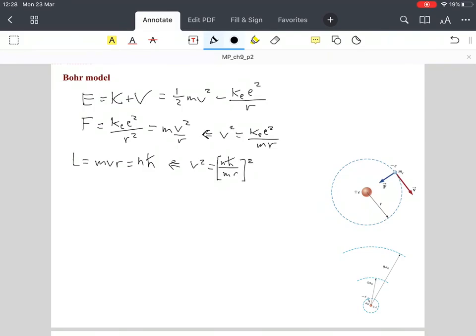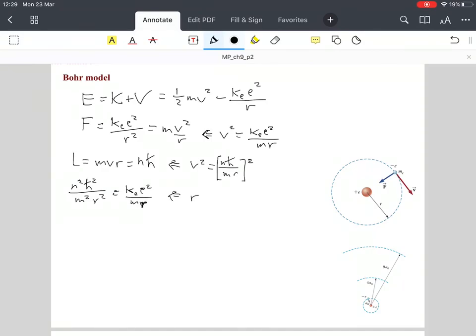We now see that we have these two formulas for v squared, so we can just set those equal to each other. We're eliminating v, and we can solve for r. That's quite straightforward. If we do that, we have n squared h bar squared over m squared r squared is equal to Ke times e squared over mr. Now we can solve for r.